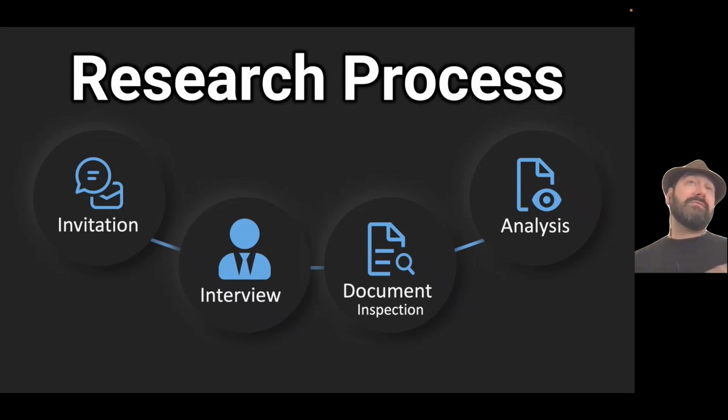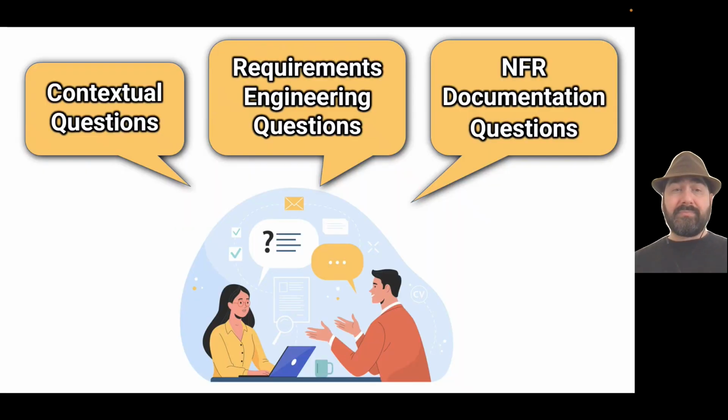So we did an interview with one member of this team, and this interview was to understand how they handle the non-functional requirements and where we can look for them. After that, based on the access they gave us, we did some document inspection and finally analyzed the data.